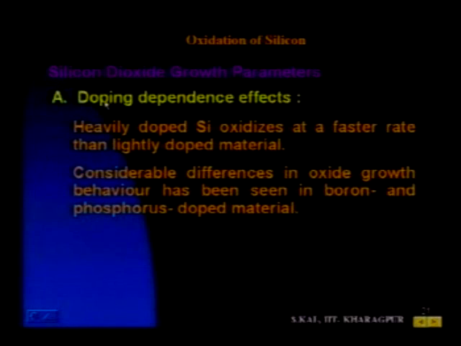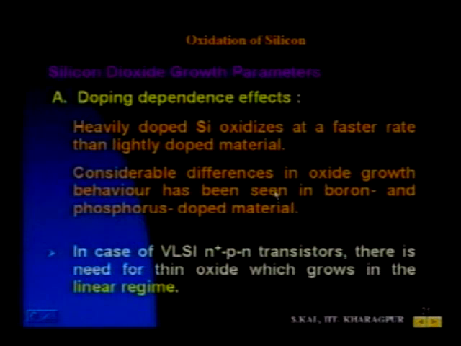That means it is not only the doping amount, the level of dopant concentration, but also the type of dopant. Whether it is a p-type dopant or n-type dopant, the oxide growth rate also varies. In case of VLSI N plus P N transistors, there is a need for thin oxide which grows in the linear region.